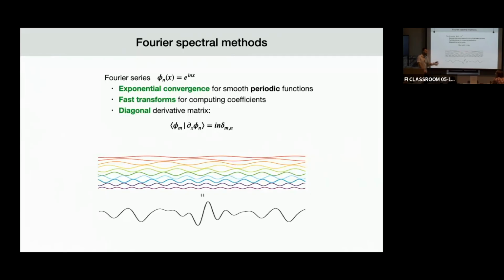So the technical statement is that for any constant coefficient linear differential equation, you'll get a diagonal matrix if you use a Fourier series. So that's a really powerful thing. Obviously, diagonal matrices are trivial to solve. So that makes these methods extremely powerful if you're in a periodic box and, again, have a smooth solution. Otherwise, you lose the advantage here of exponential convergence. So it's always something to keep in mind.